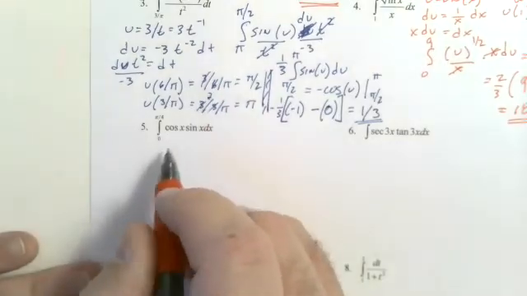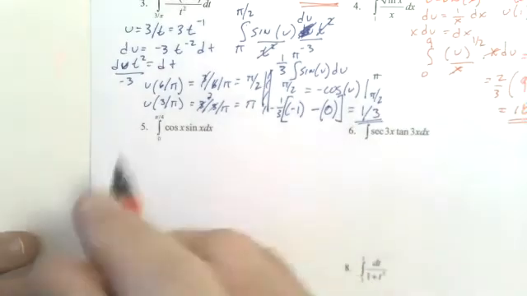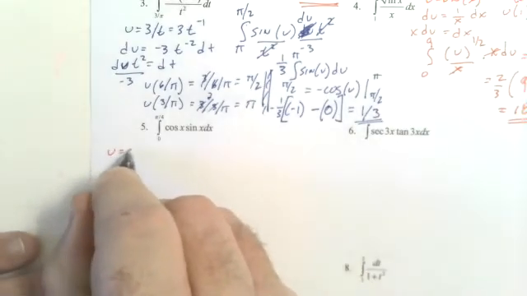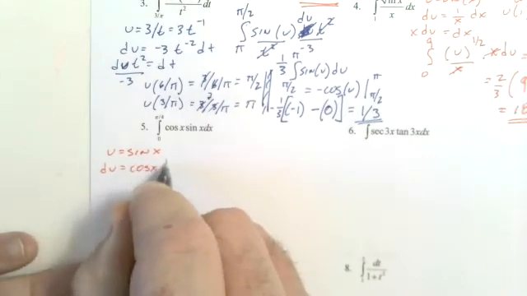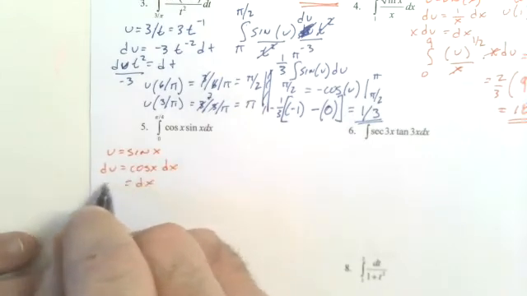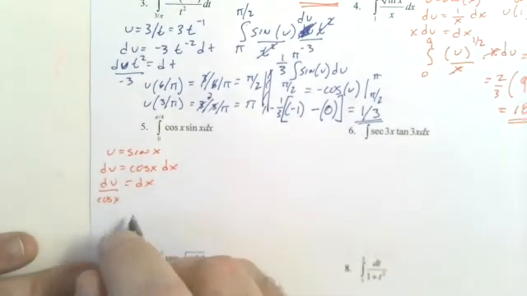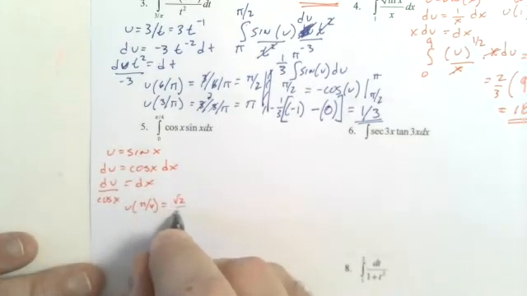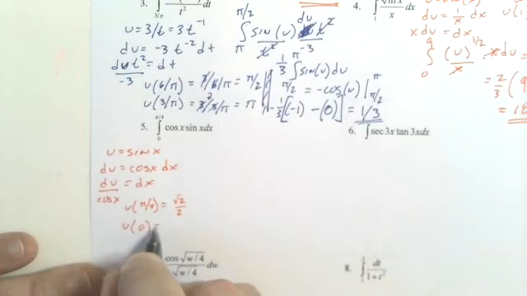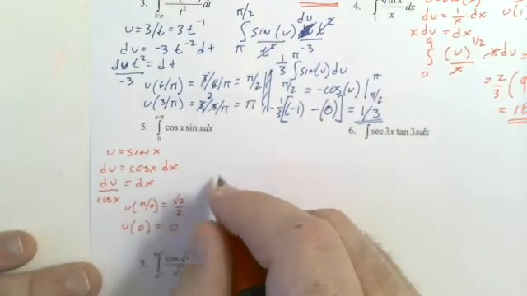All right, now it could go either way, and literally could go either way, but I like the derivative of sine of x is cosine of x. Hopefully I don't have to deal with the negatives. U equals sine of x, du equals cosine of x dx, dx equals du over cosine of x. U of pi over 4 is root 2 over 2. U of 0 is 0. Nice. Sub it all in.